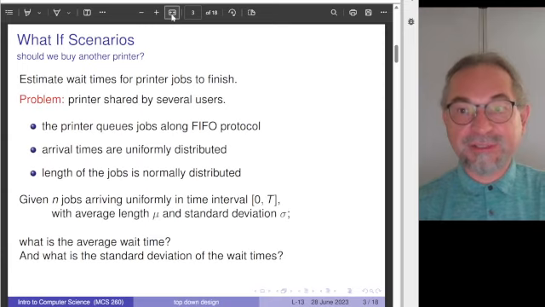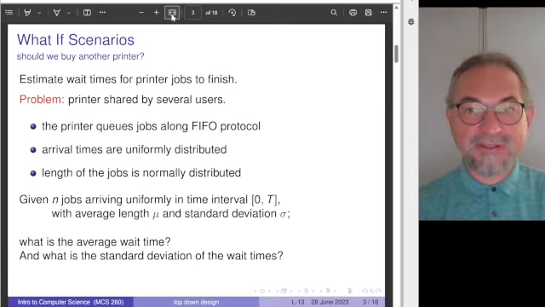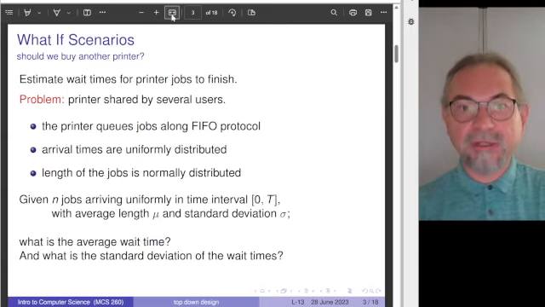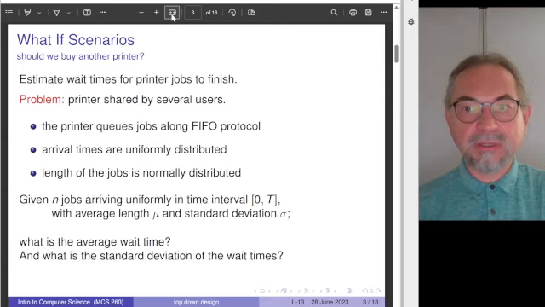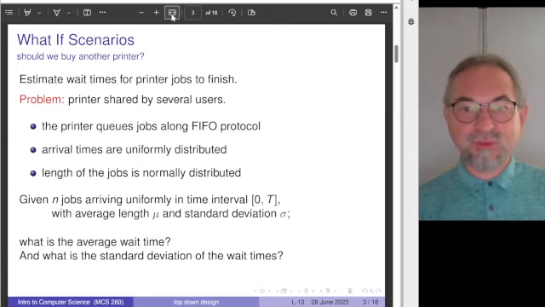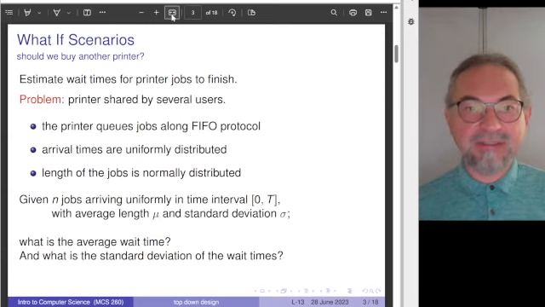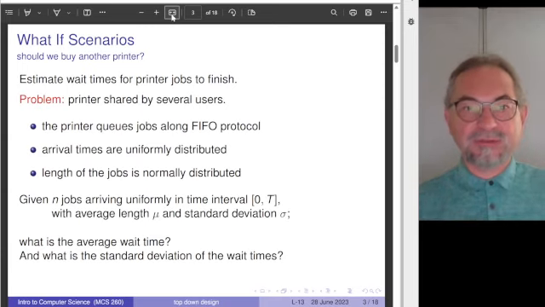The central question is that you have to provide some kind of rationale to buy or not to buy a printer. It can also be used to estimate the amount of paper you would need each day given a certain distribution of the jobs.